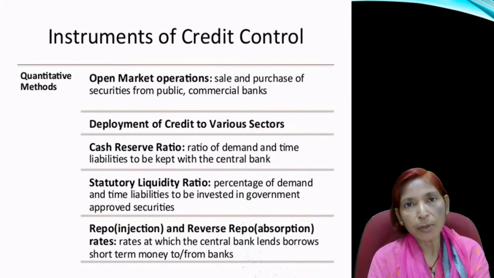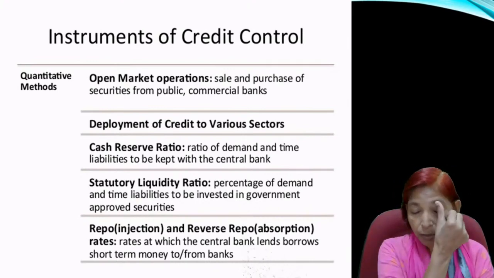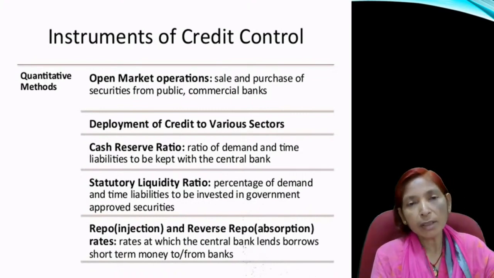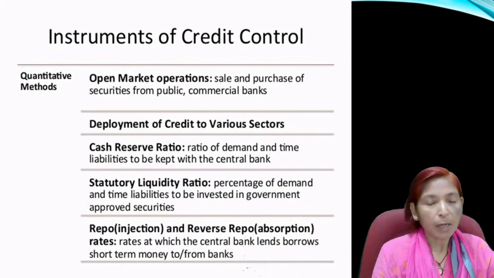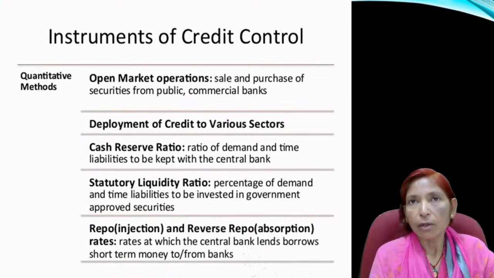At reverse repo rate, RBI takes borrowings from the commercial banks. So this is the difference between repo and reverse repo rate. All these are credit control instruments of RBI, and all these points are included in the quantitative methods of credit control.